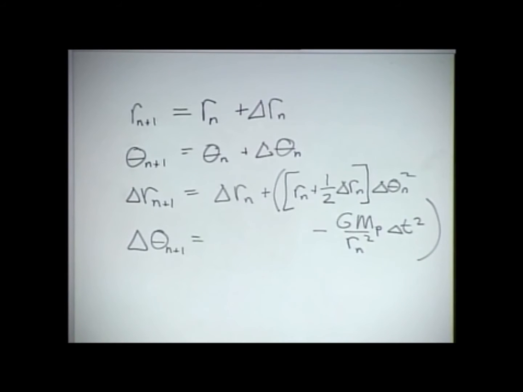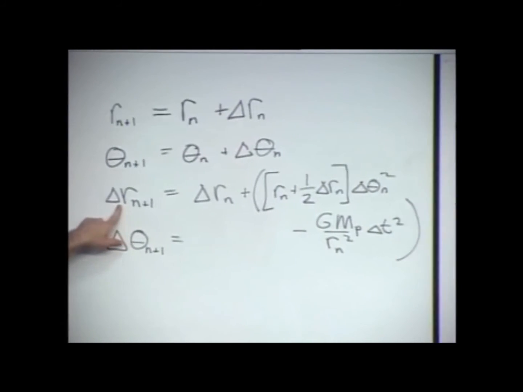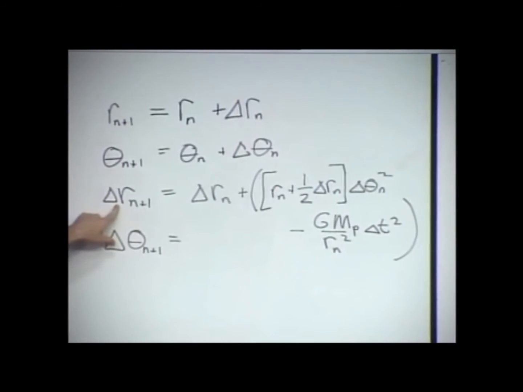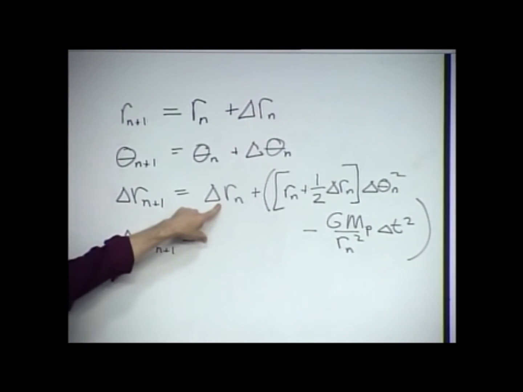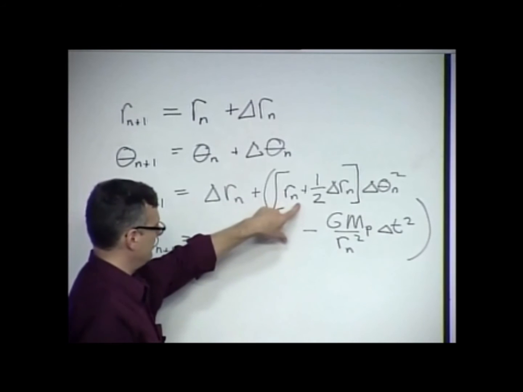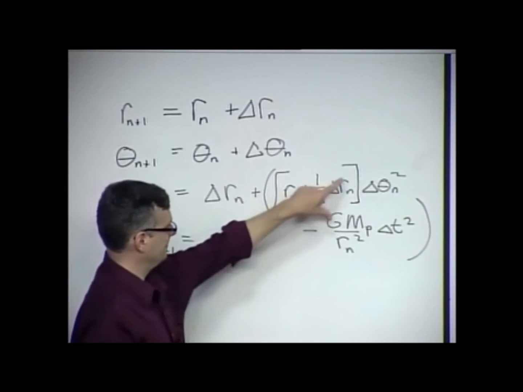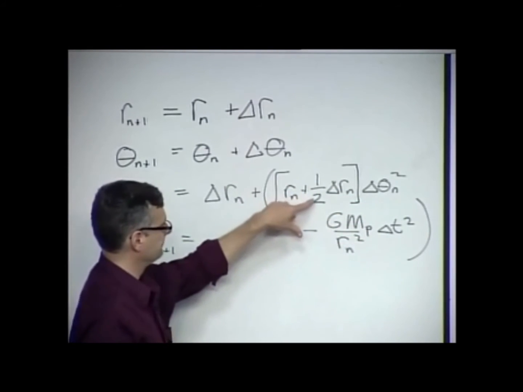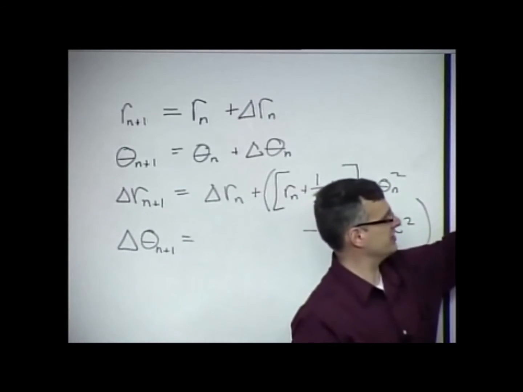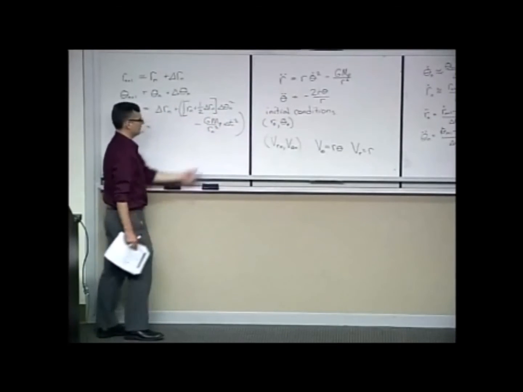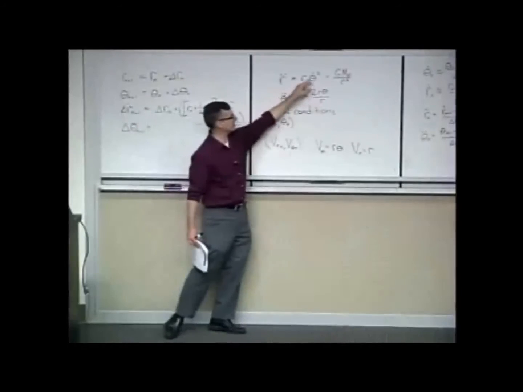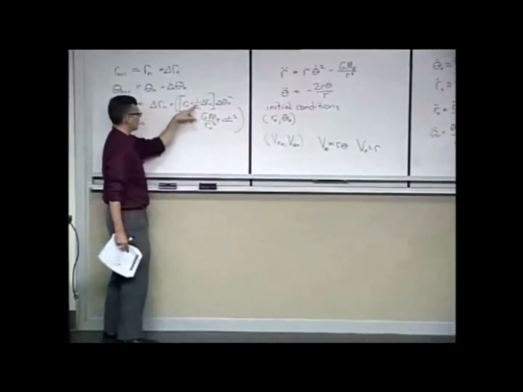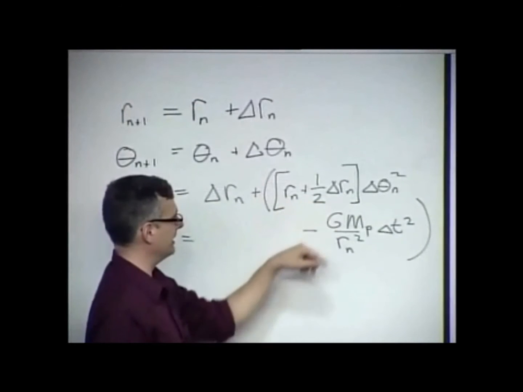So okay, what's happening here? This delta r increment, essentially the r component of your velocity, is equal to the previous one plus this system here, which is really just a discretization of this up here. You can see it kind of takes that form. I got a delta theta sub n, and I'm squaring it. That's kind of like this over here. But then I have this weird r plus 1/2 delta r sub n.